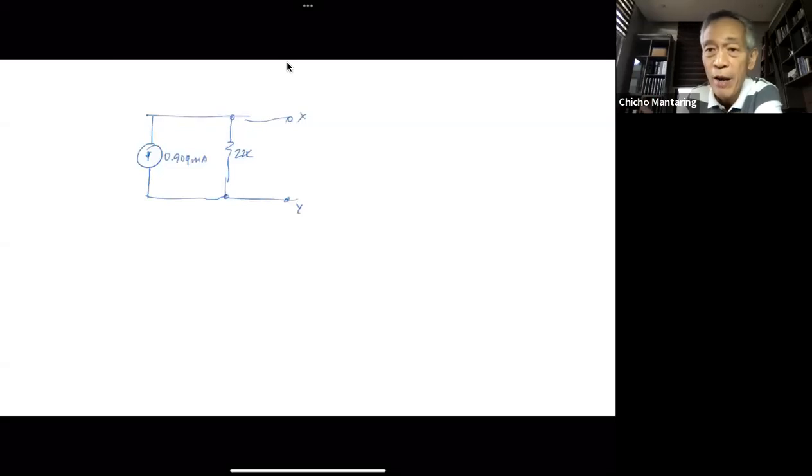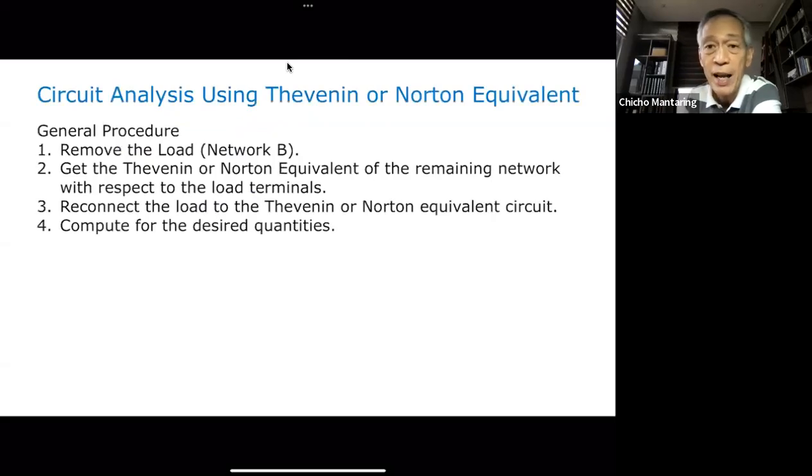Okay, so we now have this tool. We now know Thevenin's theorem. We now know Norton's theorem. How do we use it? We use it now to simplify the analysis of circuits. After all, that's what we use circuit simplification for. We want to simplify the analysis of circuits.